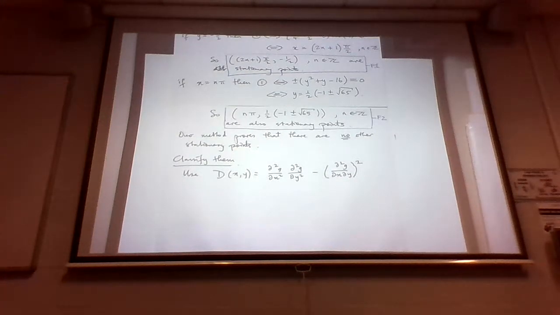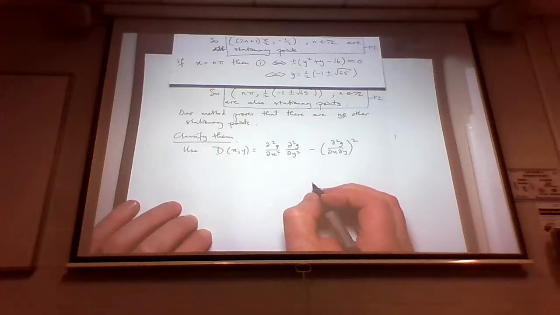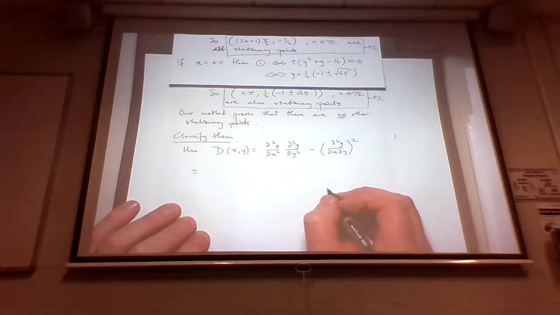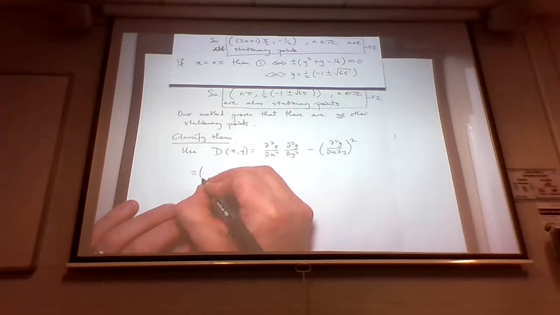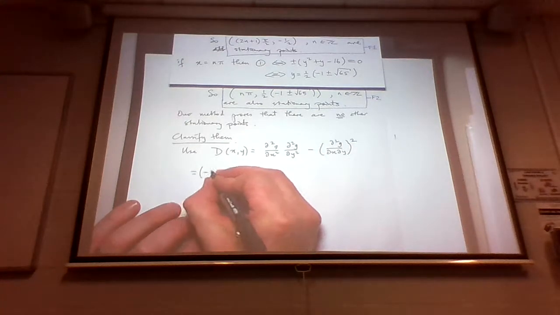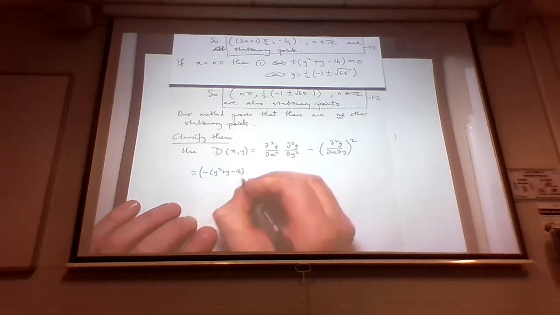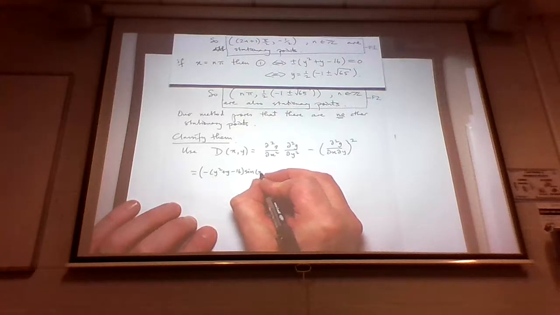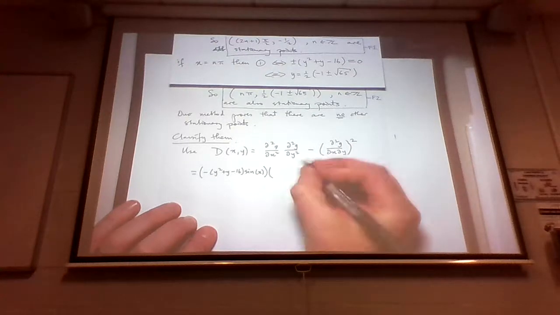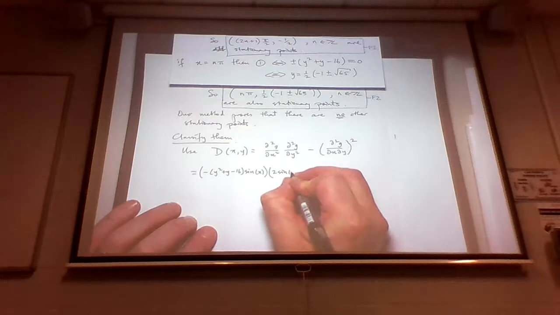So we need these. d2g dx squared is the minus of the polynomial bit times sine of x. d2g dy squared is a bit simpler, 2 times sine of x.